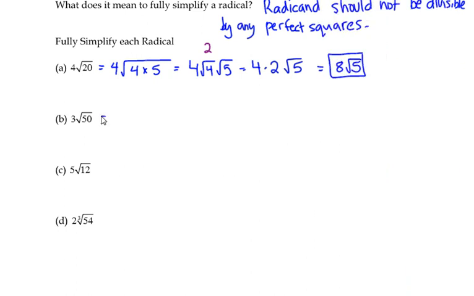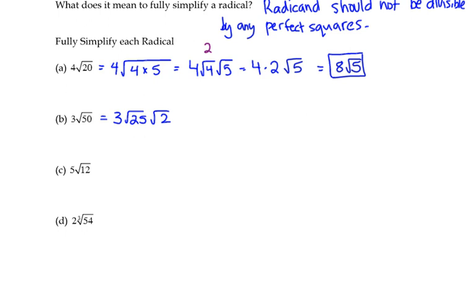So we can go right to writing it as 3 times root 25 times root 2. Even if you didn't have the chart, you could find the approximate square root of the radicand, and then round that down.